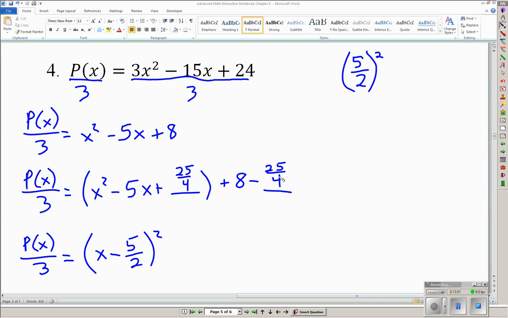Then we have 8 minus 25 fourths. Get a common denominator. Right now the denominator on the 8 is a 1. It needs to be a 4, so if we multiply top and bottom by 4, that's 32 fourths. So 32 fourths minus 25 fourths is 7 fourths. So we have 7 fourths out here.